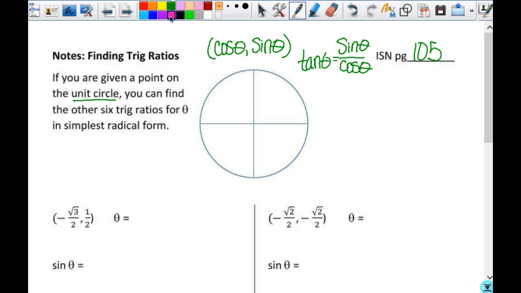And then your acronym for trig is SOHCAHTOA, S-O-H-C-A-H-T-O-A. Means sine is opposite over hypotenuse, cosine is adjacent over hypotenuse, tangent is opposite over adjacent.